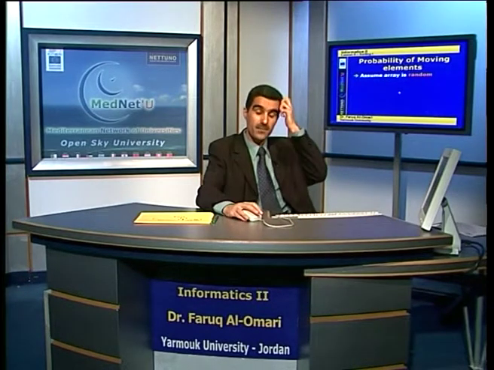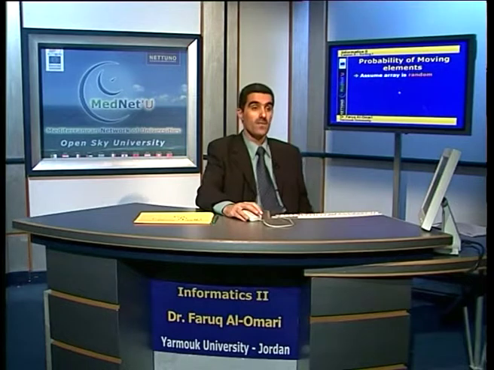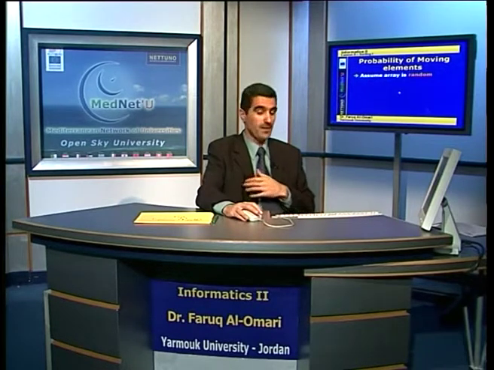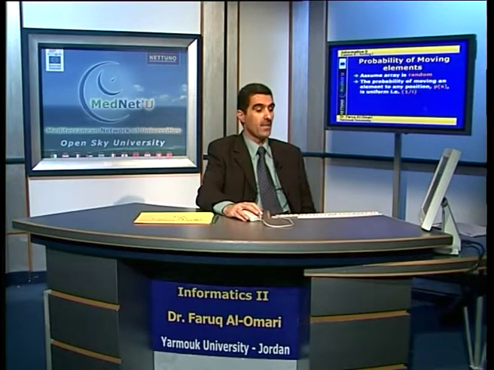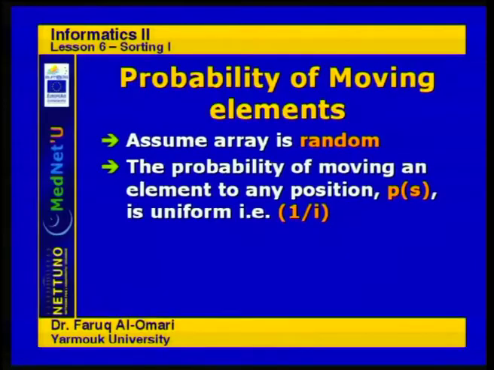Now assume that my array is random, where elements could be anything, and furthermore that the probability of occurrence of any entry is equiprobable. That means any entry could be in any location with the same exact probability.